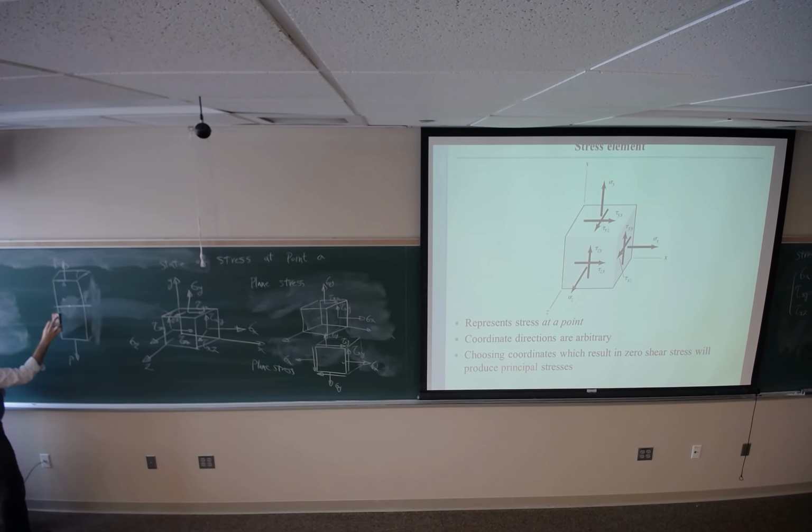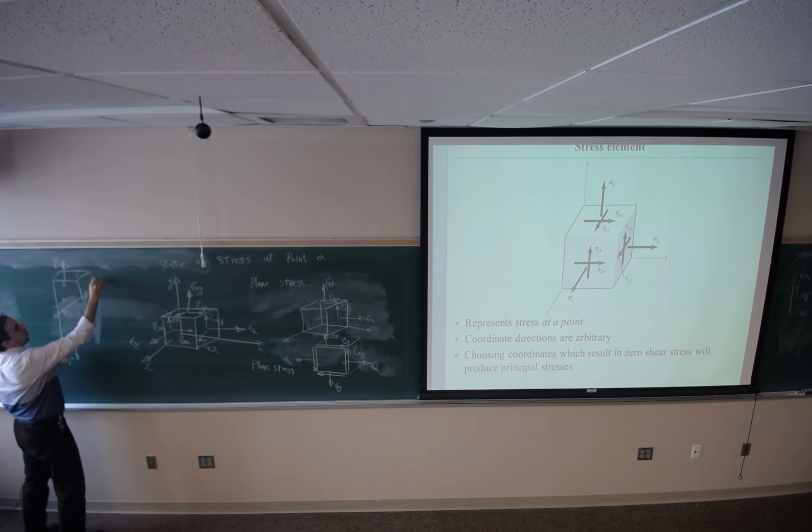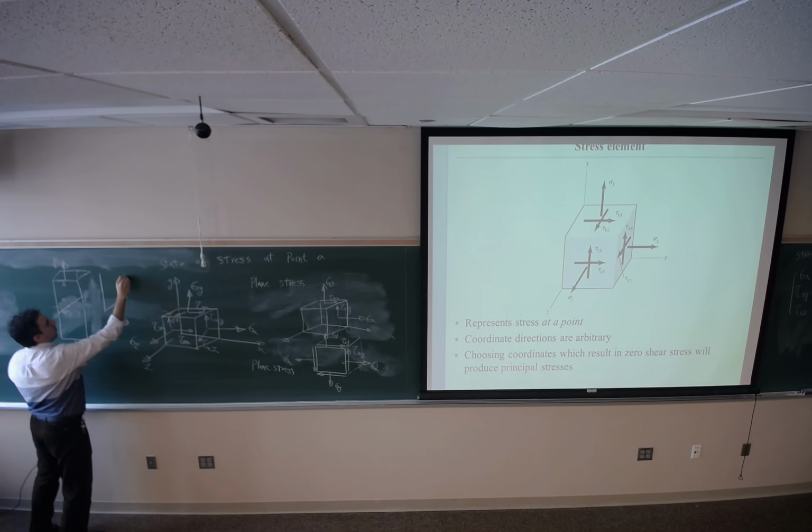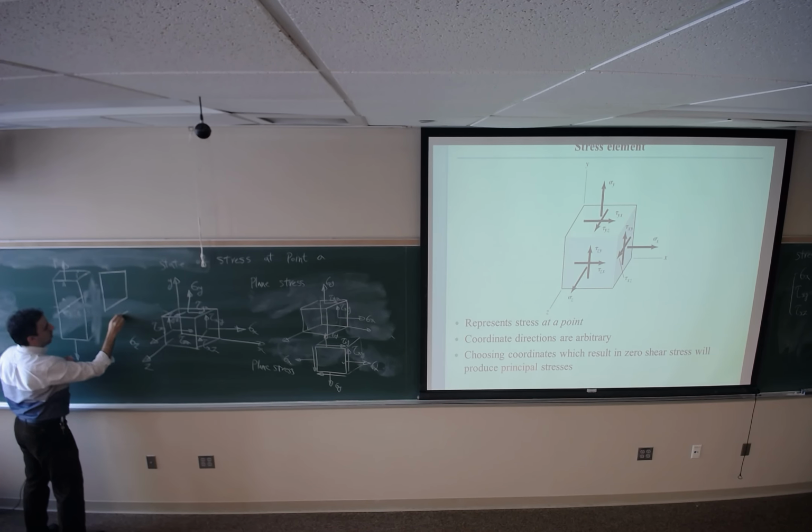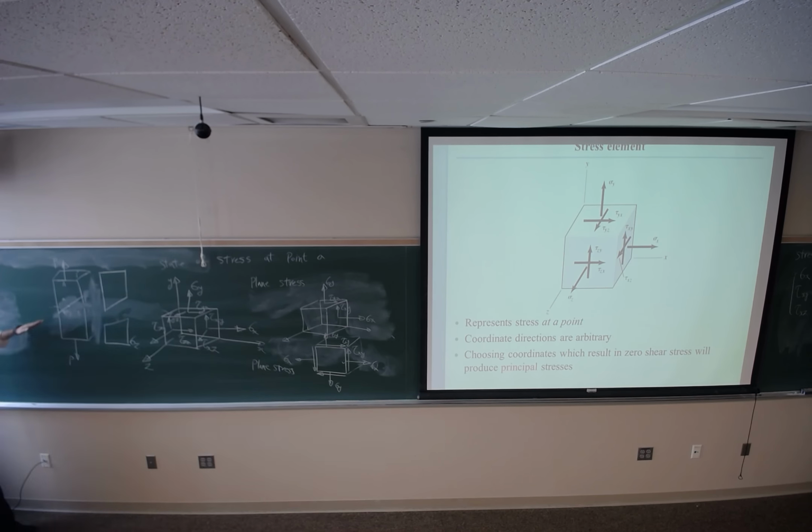So now I pick this plane with the angle of theta with the ground line. If I cut the bar through this plane, I'm going to have something like this.